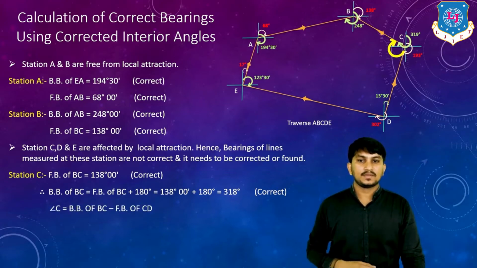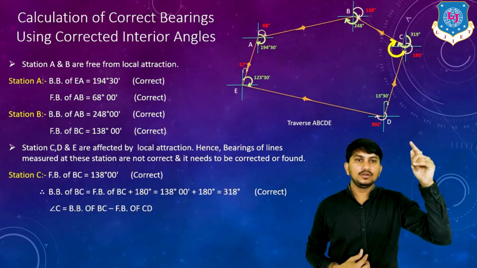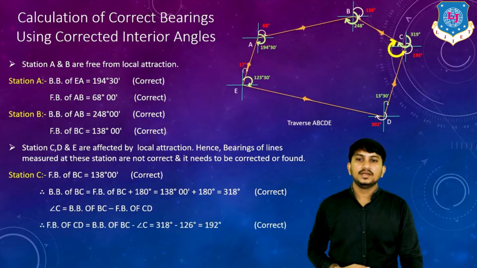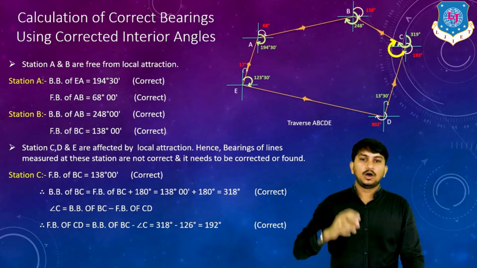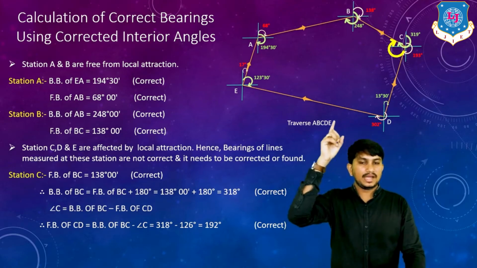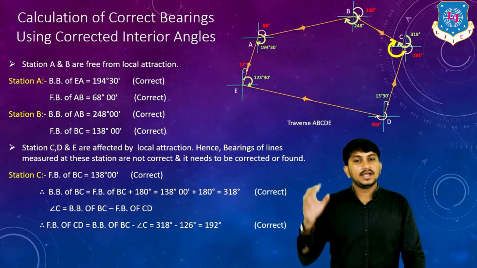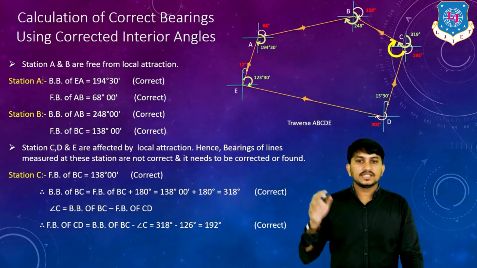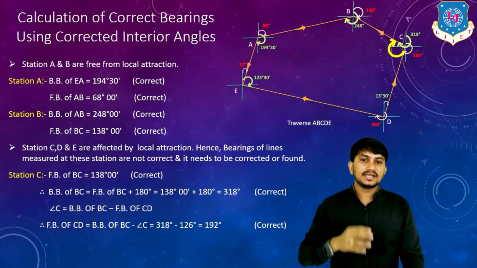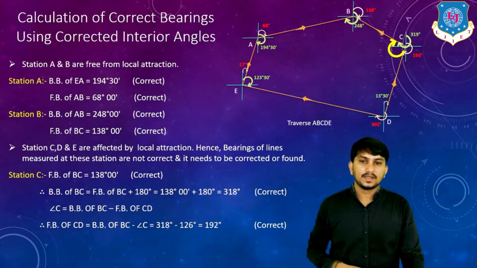After finding BB of BC, we have to use the angle C. Angle C is equal to BB of BC minus FB of CD. We have the value of angle C, which is 126 degree. So using this formula, we can find out FB of CD. FB of CD is equal to BB of BC minus angle C, 318 degree minus 126 degree, which is 192 degree.